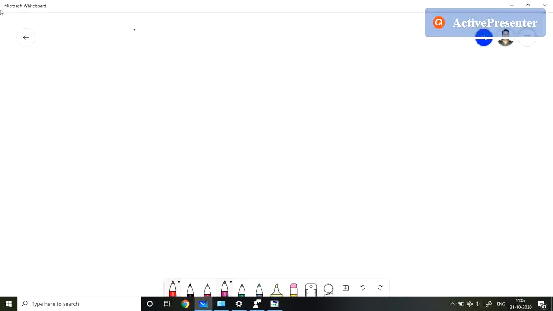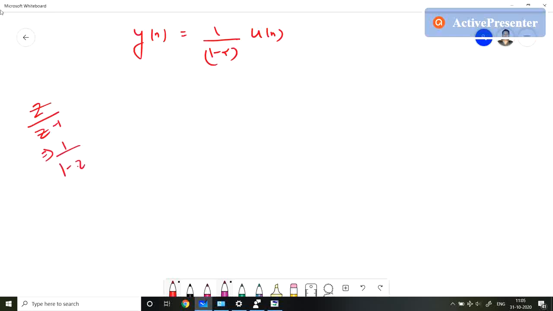Now what is y(n)? Since both signals are causal signals, y(n) is 1 divided by 1 minus alpha, the first term being u(n), because z divided by z minus 1 is 1 divided by 1 minus z inverse.